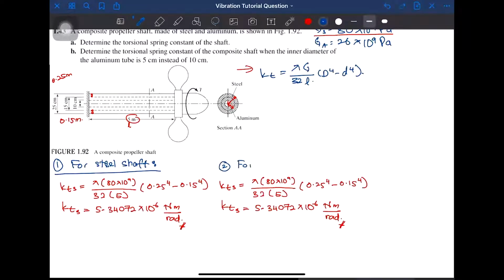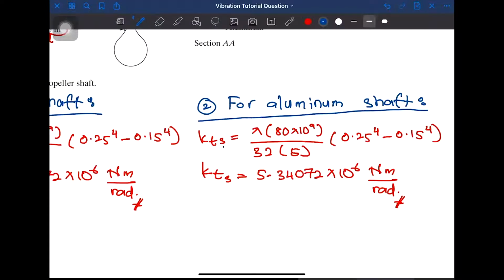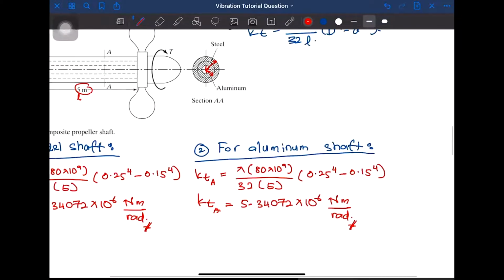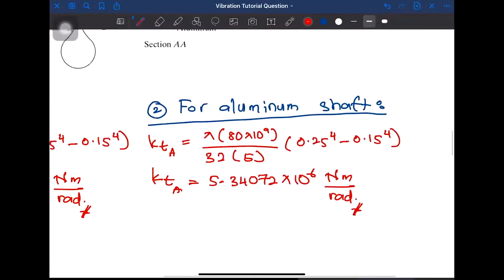Now for the aluminium shaft, what are the differences between the steel shaft and the aluminium shaft? There are only two differences, the diameters and also the G. So try and substitute that. I'm going to change this first. The G for aluminium is 26 GPa, so substitute 26 over here.